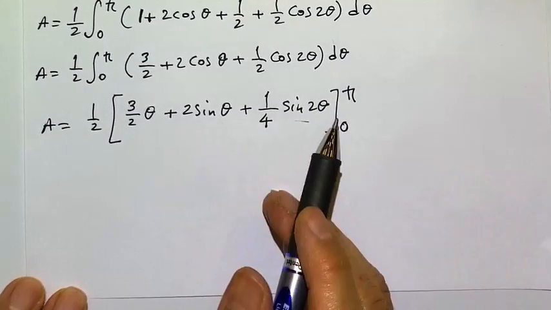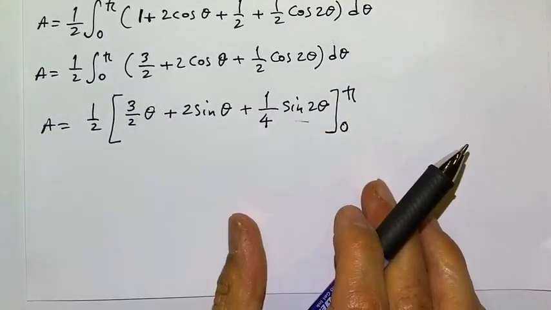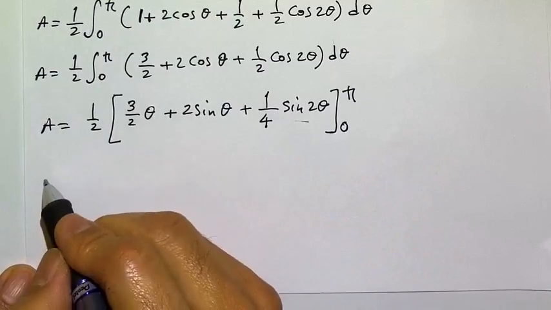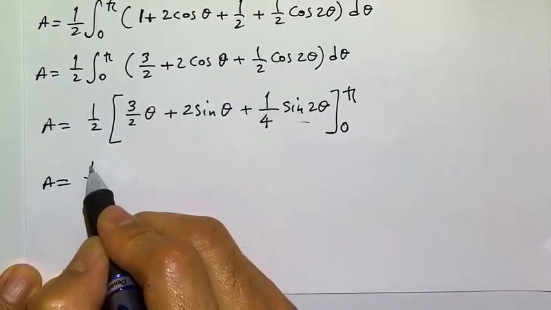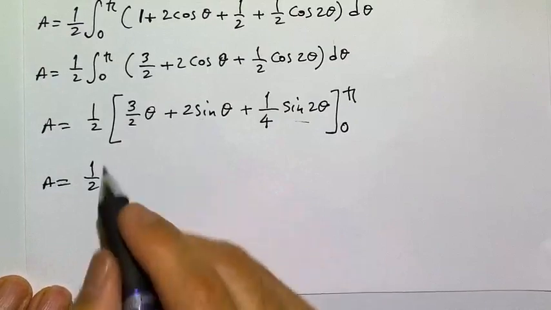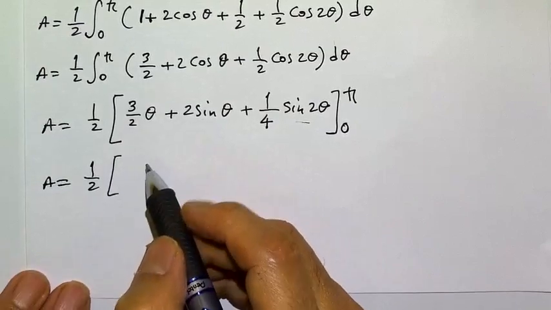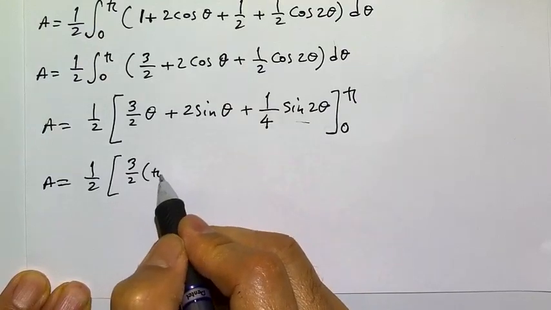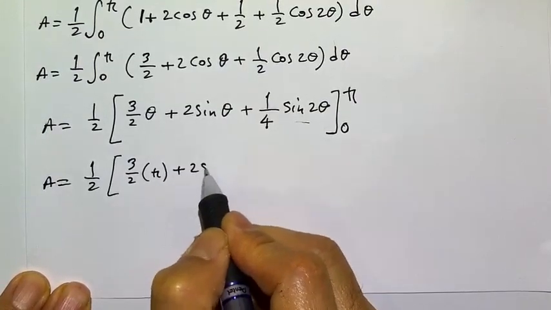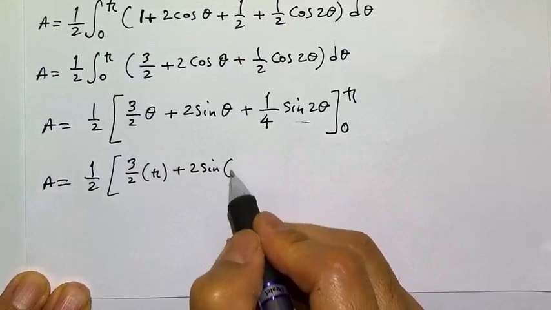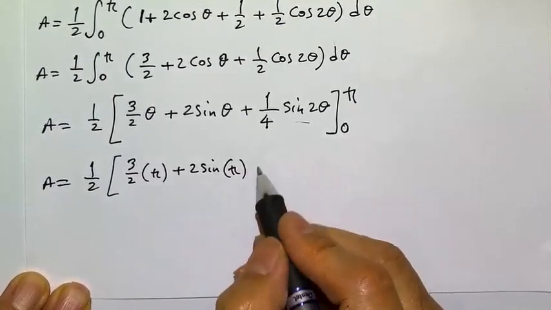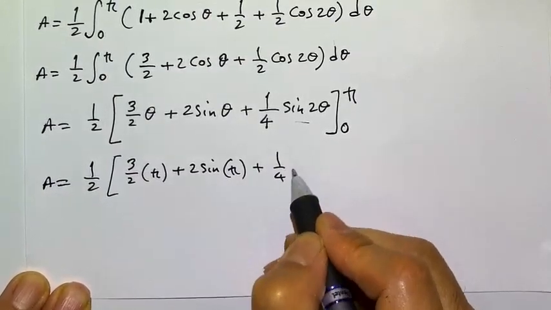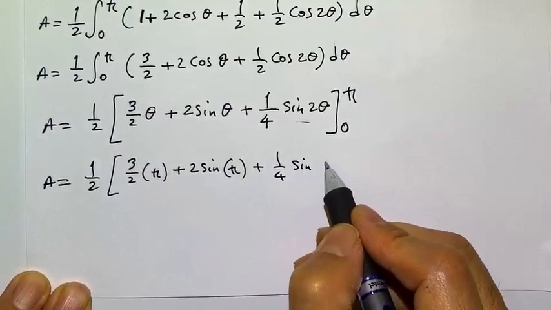And now let's replace theta with these parameters. So we have area equals 1/2 times, what do we get? We get 3/2 times pi plus 2 times sine pi. That's going to be 0, right? Plus 1 over 4 times sine.